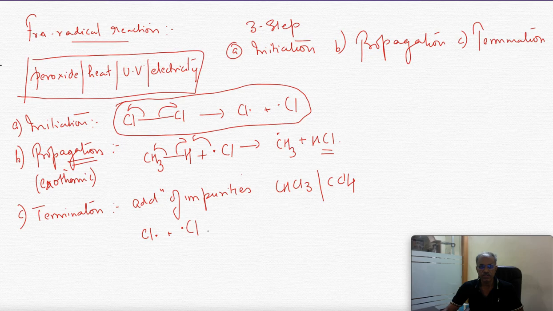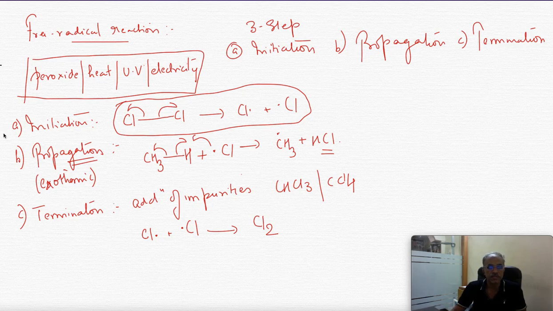Due to the presence of impurities, these radicals themselves form chlorine gas, and these two radicals will combine to again form chlorine. This initiation itself becomes a reversible step, right? That means there will be no free radicals present. That's why the reaction will get terminated and stop here.